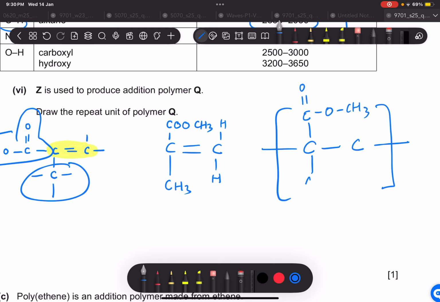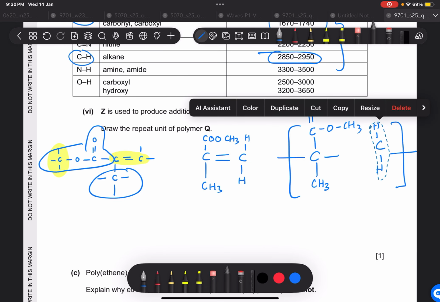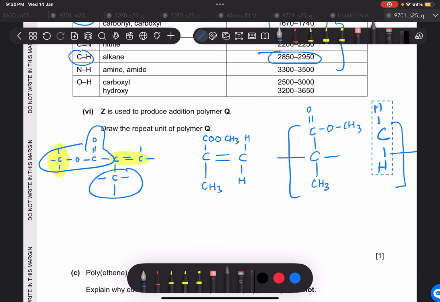This part is going to be a CH3, and I'm done. This part has a hydrogen, this part has a hydrogen. To make it more accurate, I'm going to move this entire thing backwards. Done. Something like this.